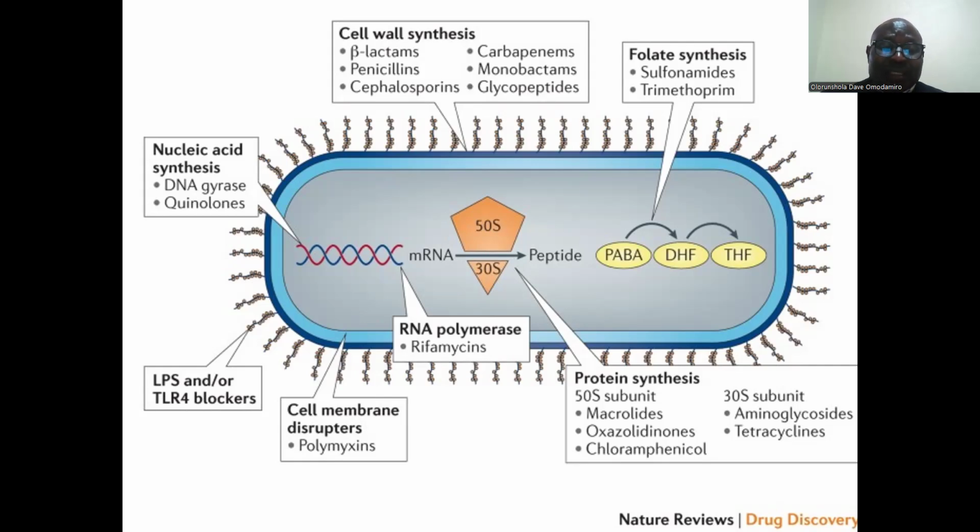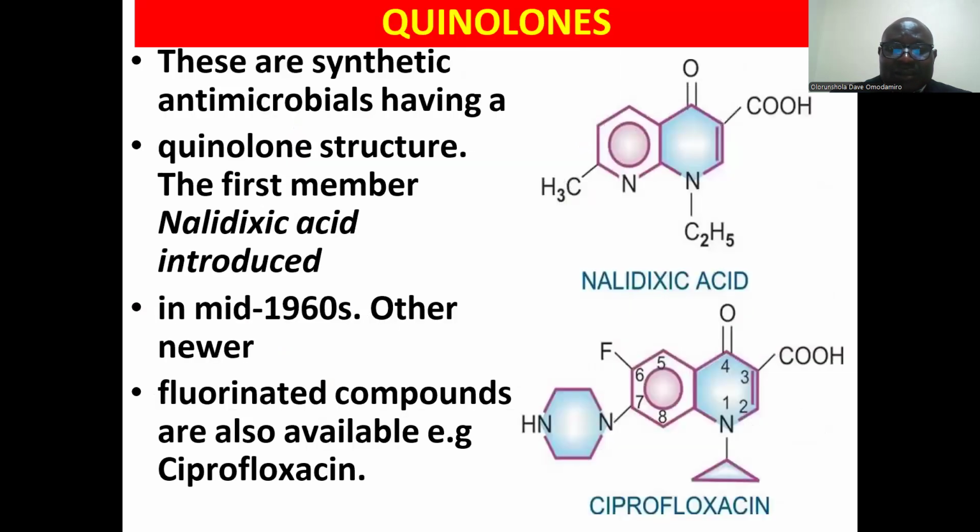Today we will proceed by looking at nucleic acid synthesis inhibitors. And then we'll be looking at quinolone and also fluoroquinolone. Let's begin with the discussion on quinolone. The quinolones are synthetic antimicrobial agents having a quinolone structure.